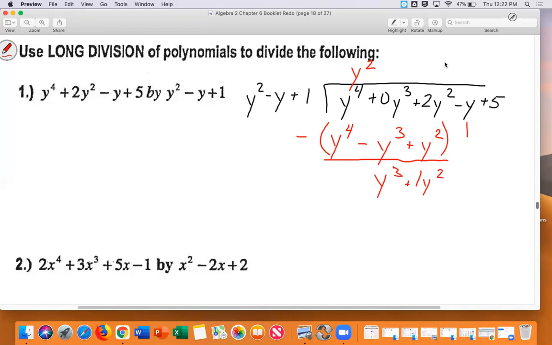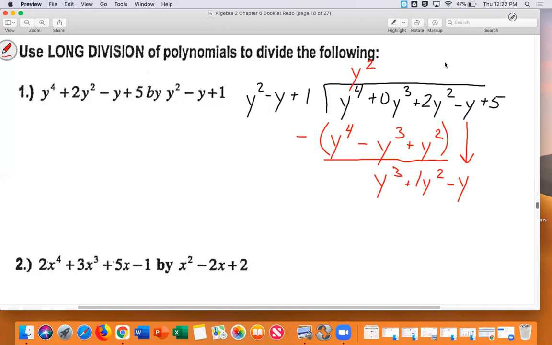And then this drops down. So it's minus y. Justin, are you okay with that now? Now, do you see why, Hannah, I put in that 0y cubed? Because it's keeping things lined up. Wait, how'd you get the 1y squared? 2y squared minus y squared, 1y squared.